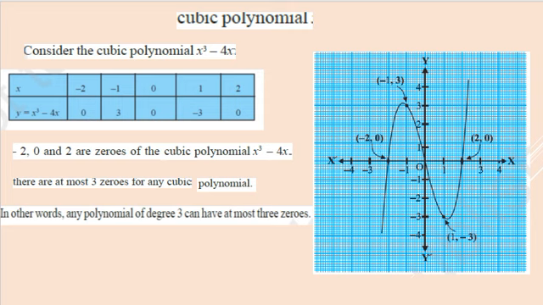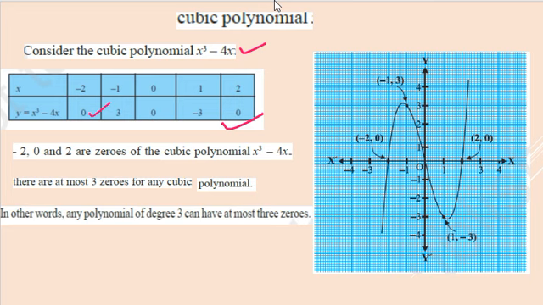It is of the form you know very well. Here it is x³ − 4x. Consider this, and one by one you can put in the values and get this table. This is an ordered pair: first is x for the x-axis and second is y.